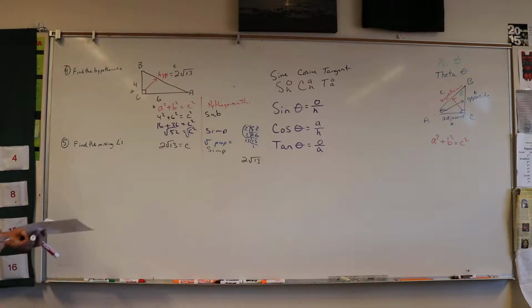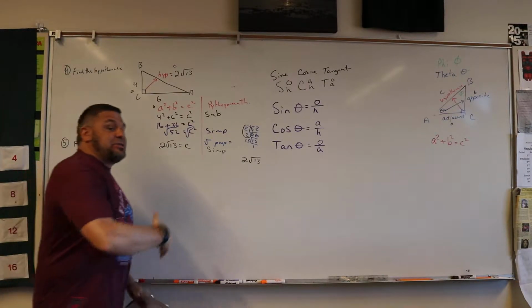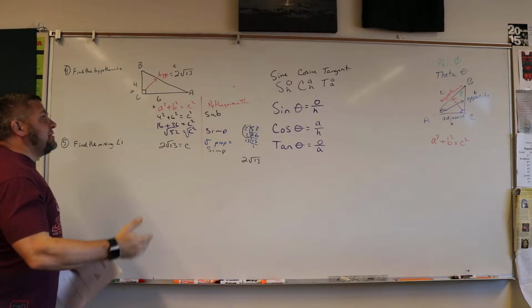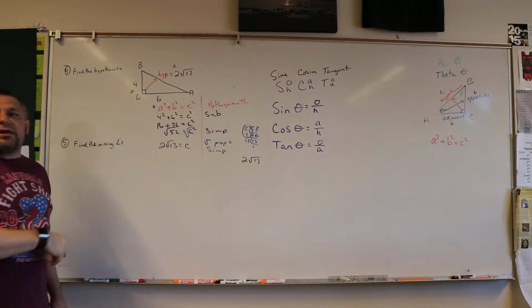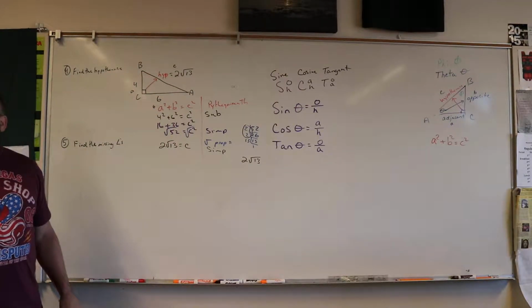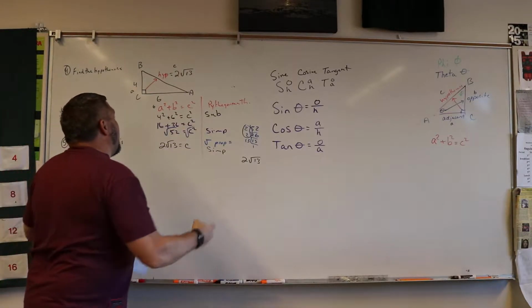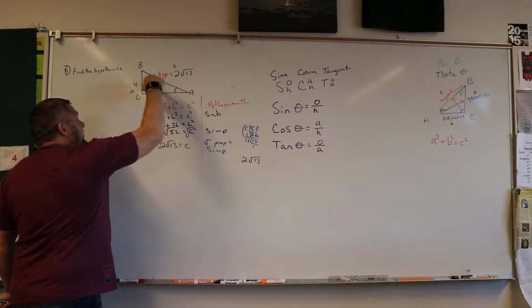Okay. So finding the missing angles. This goes back to the Sohcahtoa. Remember, if we wanted to do sine, it would be opposite. So opposite of A would be 4. So let's go with the A. The opposite of A is 4.